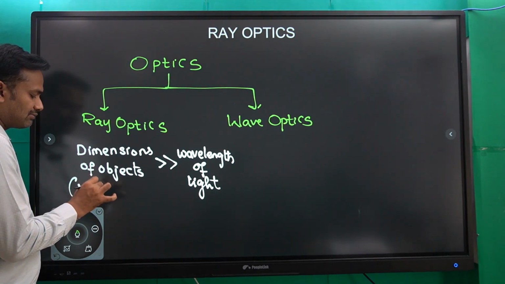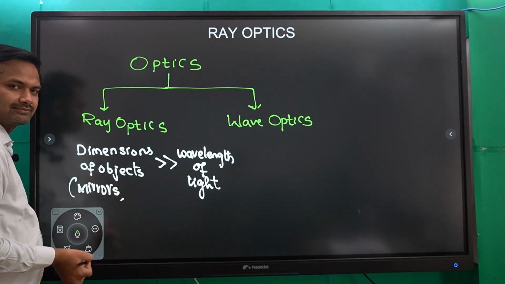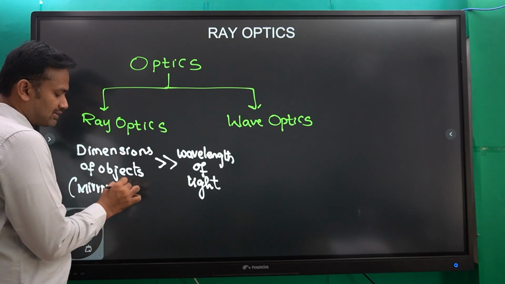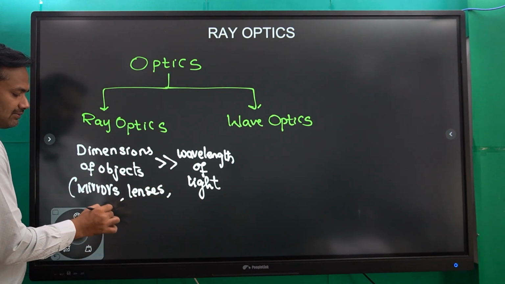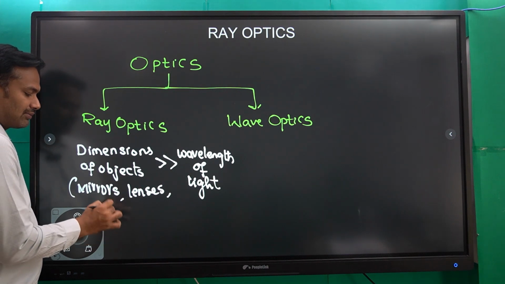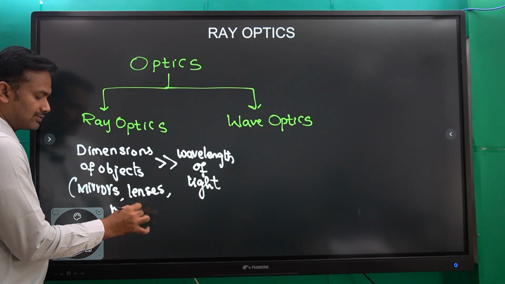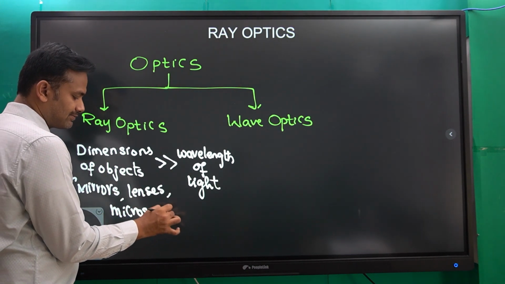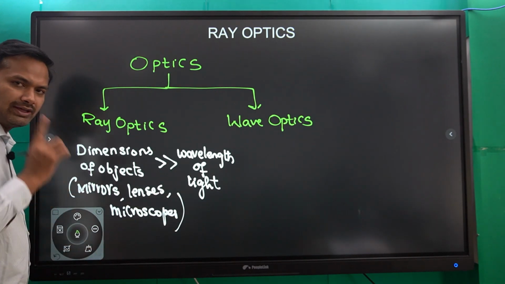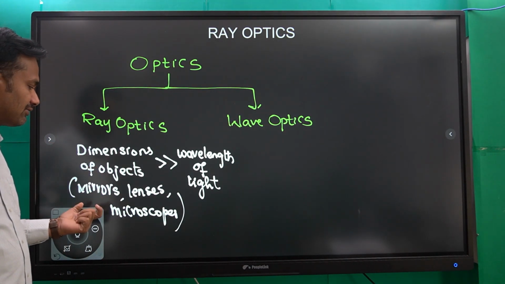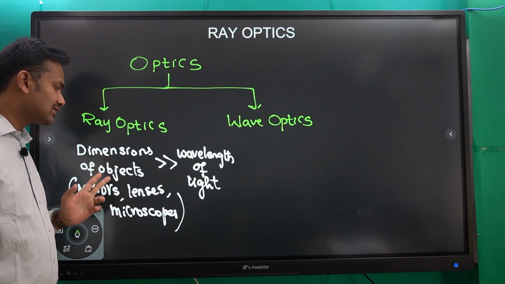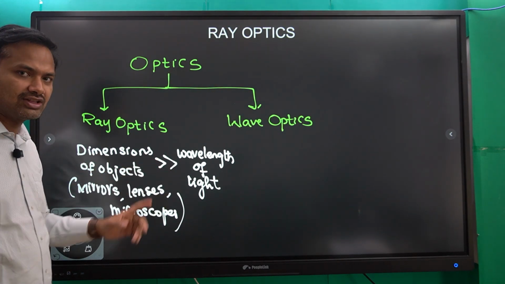We may say mirrors, lenses, and optical instruments like microscopes. These are the objects we refer to when we say the dimensions of the objects are greater than the wavelength of light.